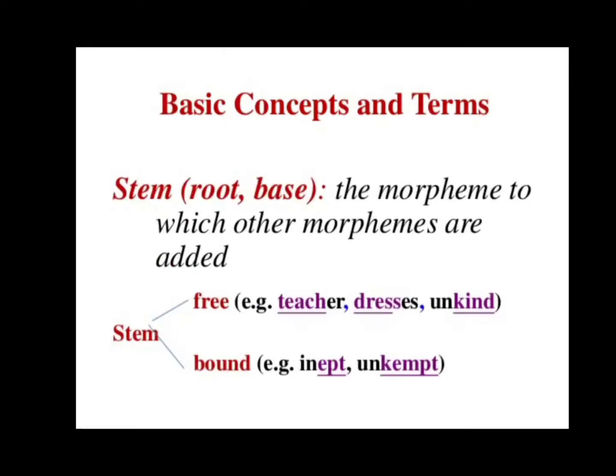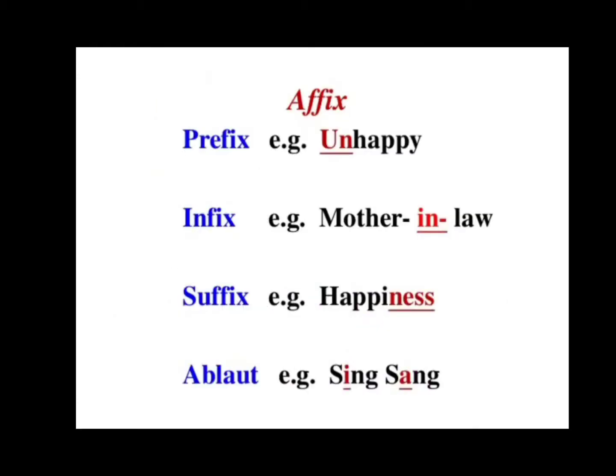Basic concepts and terms. What are stem, root and base? The morpheme to which other morphemes are added is called stem, root or base word. Some are also called free stem and some are called bound stem. These are the examples that are given here. Next, what are affixes?